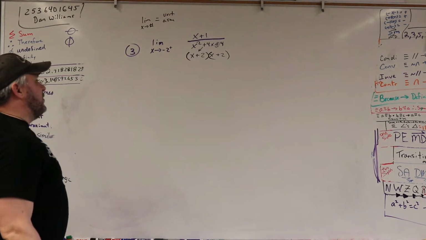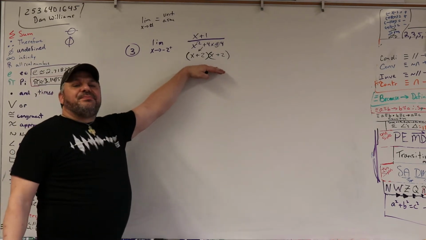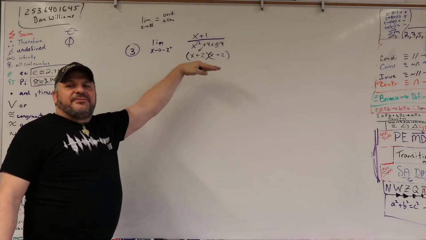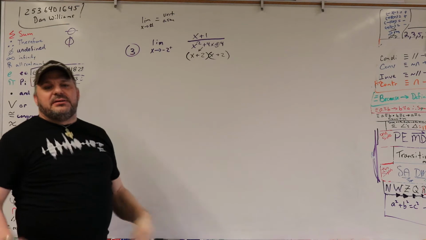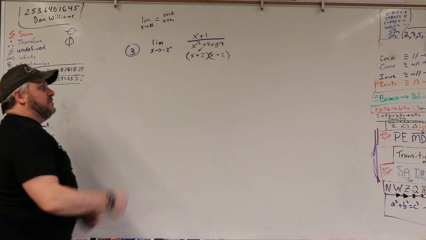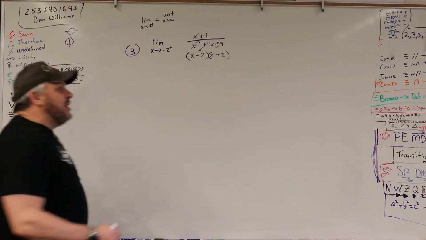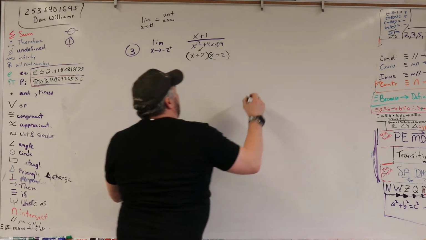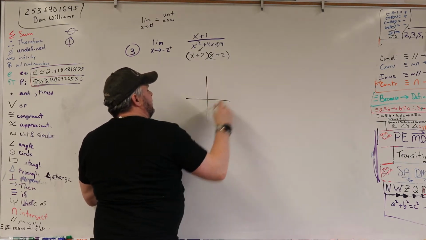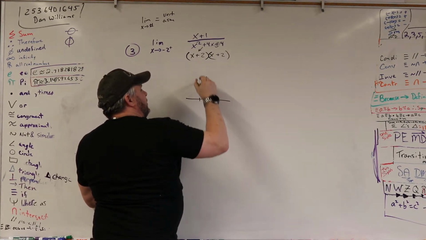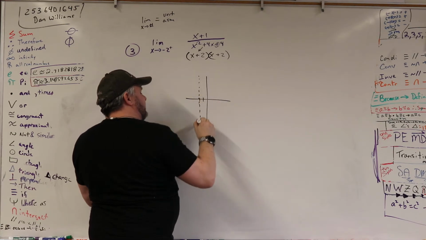Vertical asymptotes deal with the bottom. So the only place this has a vertical asymptote is at -2, right? -2 plus 2 is 0. Boom! It explodes. It can't happen. So we know that at -2, we're going to have this asymptote.